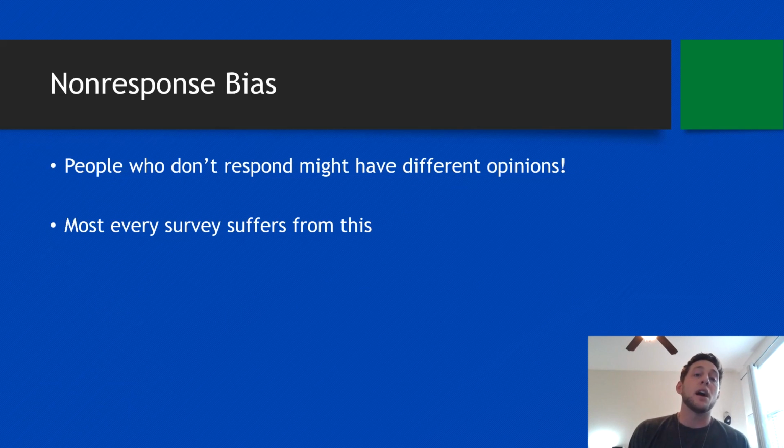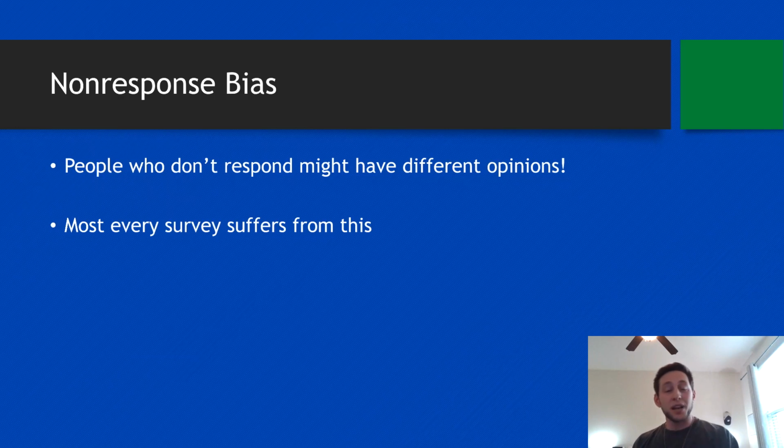Now, this is different than non-response bias. It turns out people who don't respond just might have different opinions. And by the way, most every survey suffers from this. As an example, if I put out a poll that's wanting people to either say they approve or disapprove of Chick-fil-A, if you approve of it, you're probably a Chick-fil-A fan, right?